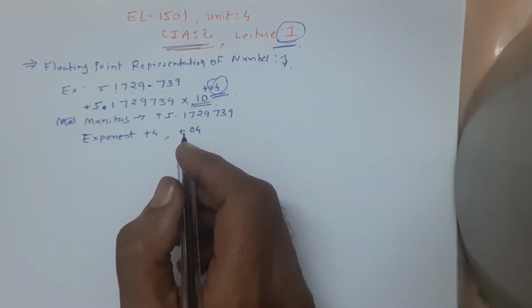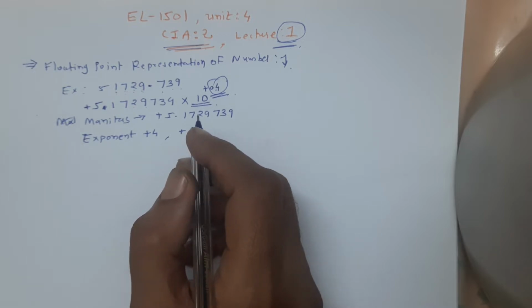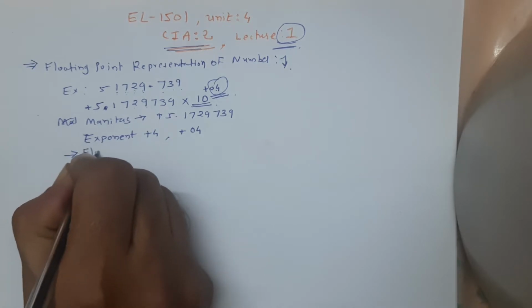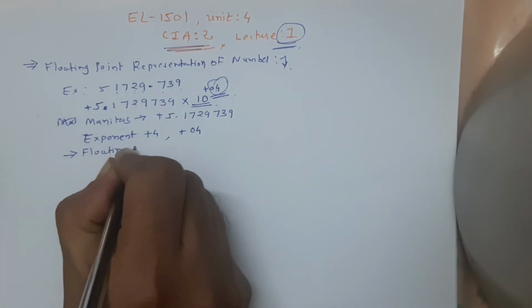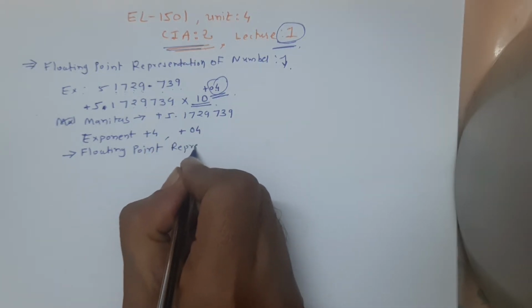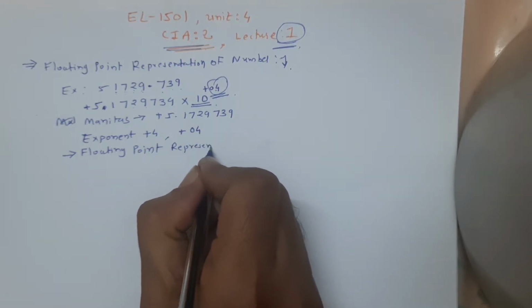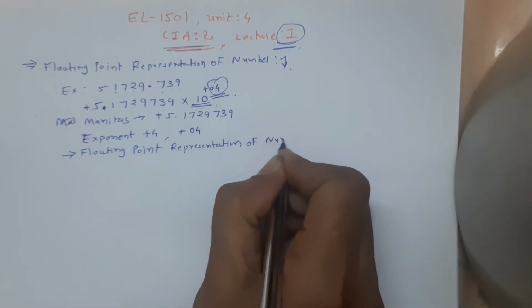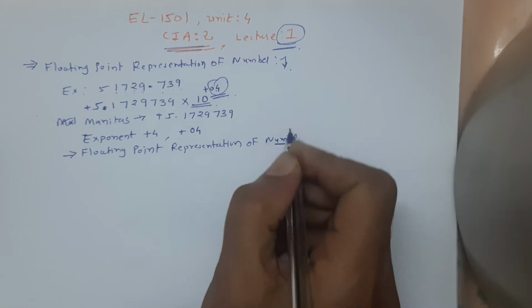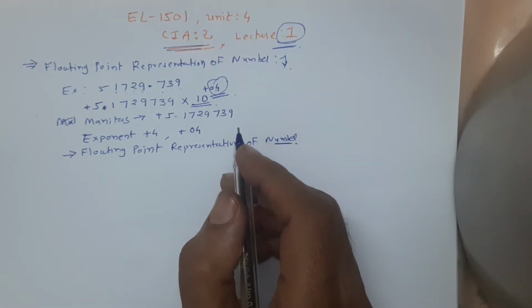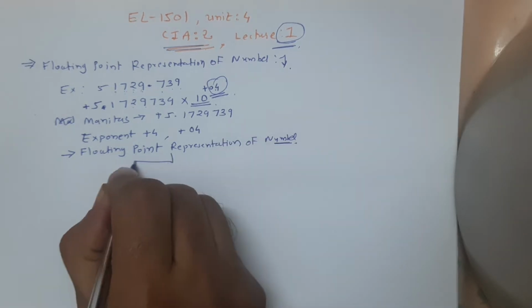Similarly, a binary number can be expressed by scientific notation known as the floating point representation of number. This floating point representation of a number consists of two parts.